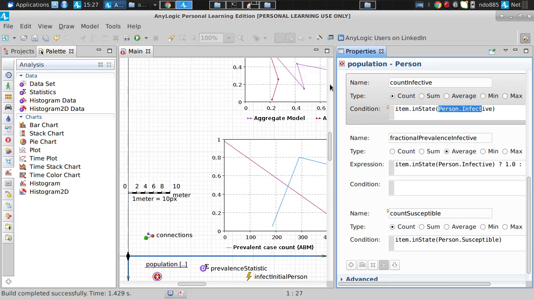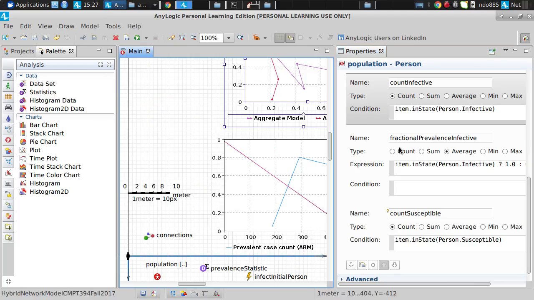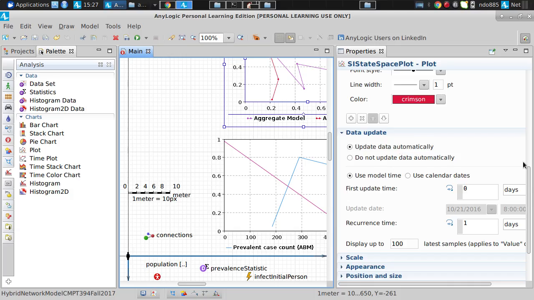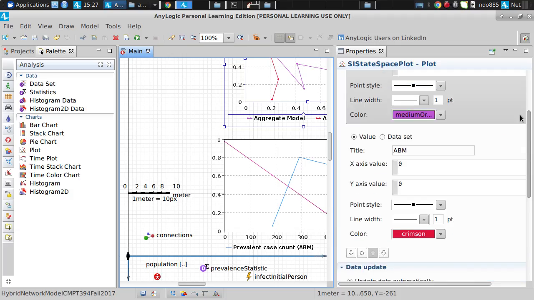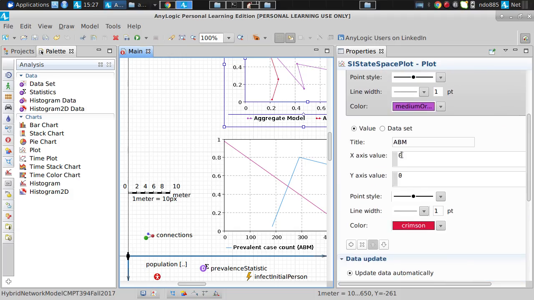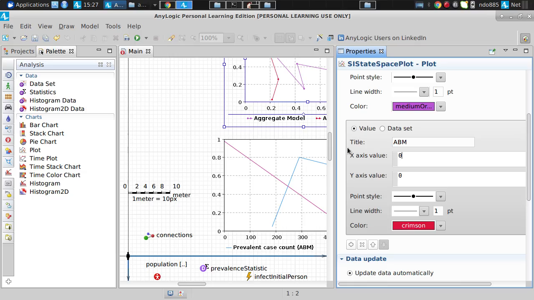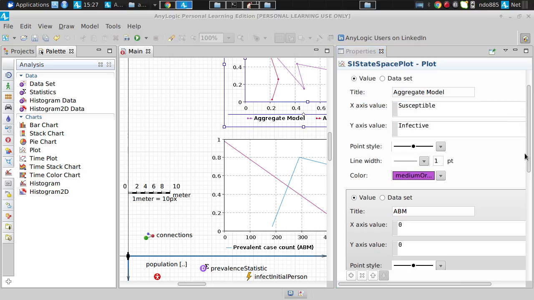Great, ladies and gentlemen, here we go. So we're going back to this plot, and the x-axis value will be what? How do I get the count of susceptible from the population? Anyone?